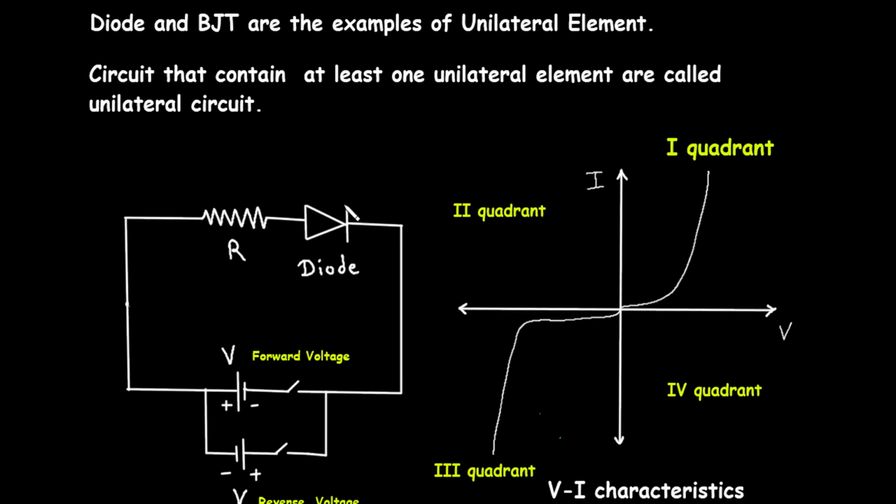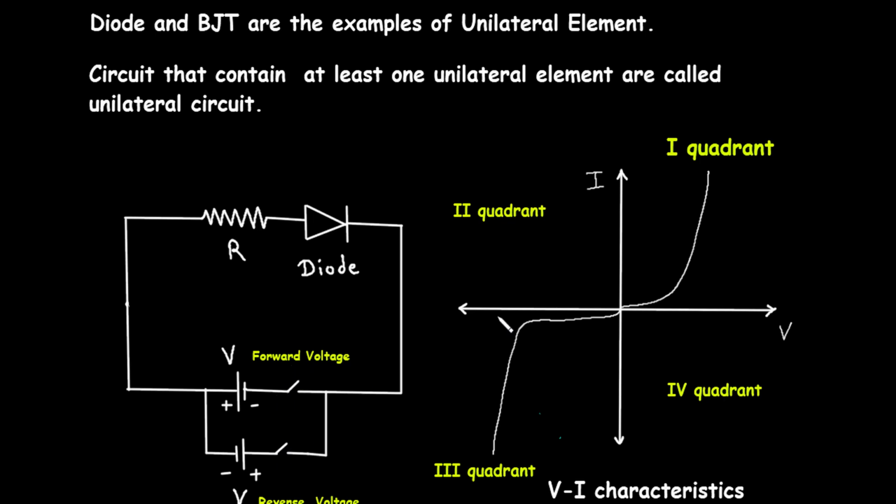Here we can see in this circuit, this is a unilateral circuit. This diode allows the flow of current in only one direction. The current will start flowing from this positive terminal and come back to this negative terminal when this switch is on. This is forward voltage.